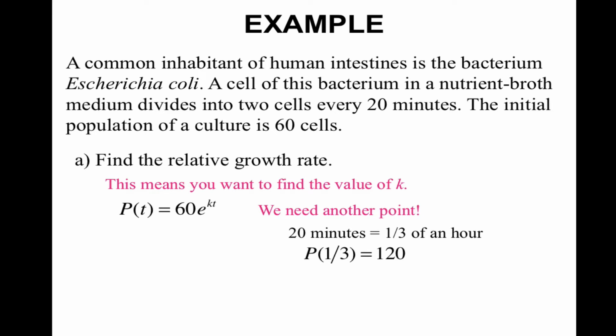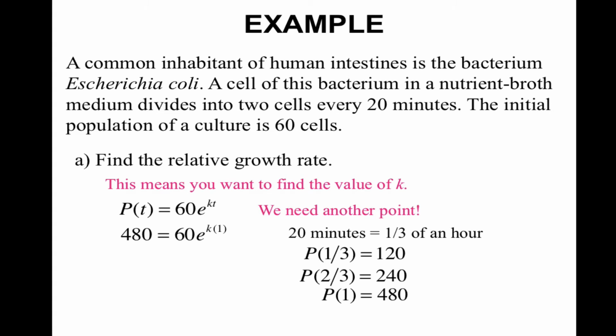So after the first 20 minutes, we have 120 cells, because every 20 minutes, the cells divide into 2. So after the first third of an hour, we have 120 cells. And then of course, after the next 20 minutes, we have 240 cells. And then that means at an hour, we have 480 cells.